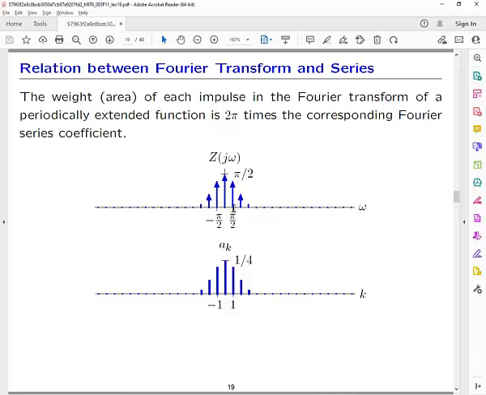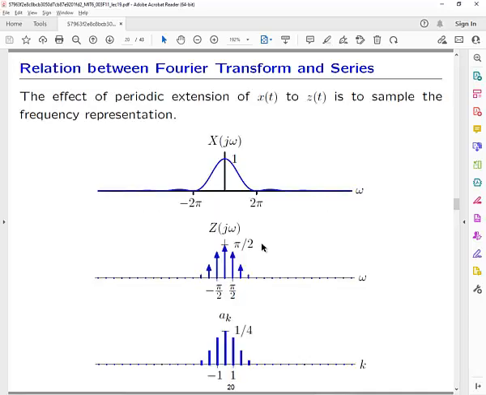Here the frequency is explicit in the delta function. Here you don't have the frequency in the delta function, but because you're multiplying by a sub k, and a sub k multiplies a complex exponential that has the frequency in it, we have this same sort of thing.